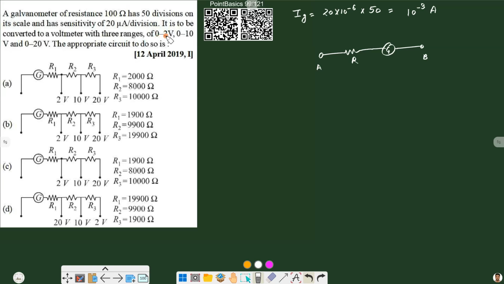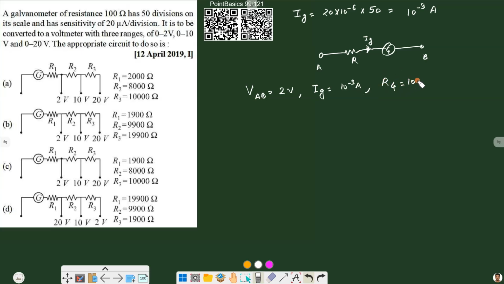So as per the first case, we need to measure 2 volts. So VAB is equal to 2 volts and IG is known to us, the current that can flow through the circuit, 10 raised to power minus 3 ampere.